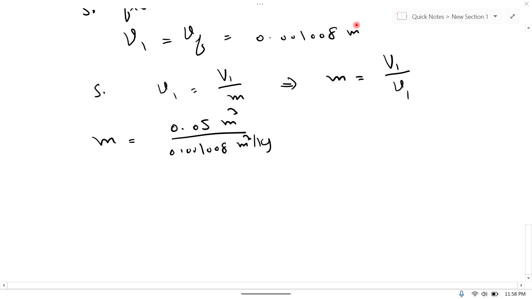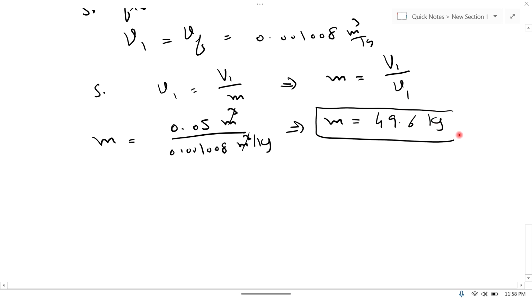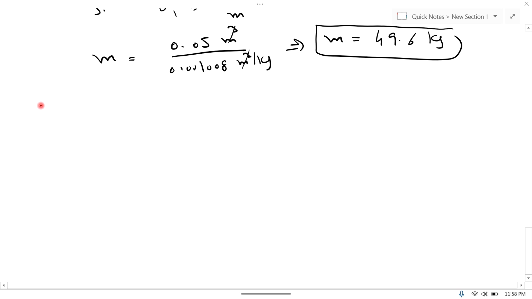This unit is meter cube per kg, so meter cube will be cancelled and kg is in double division. So mass will be equal to 49.6 kg. This is the answer of part A.